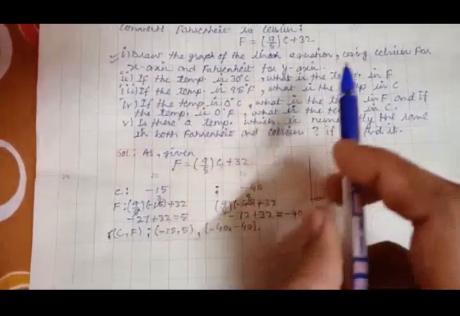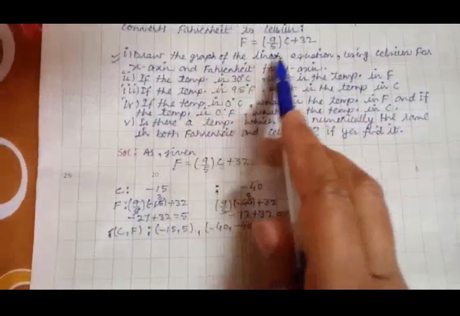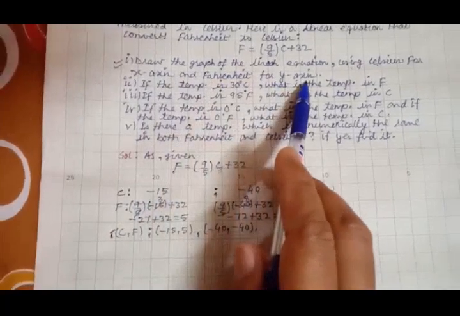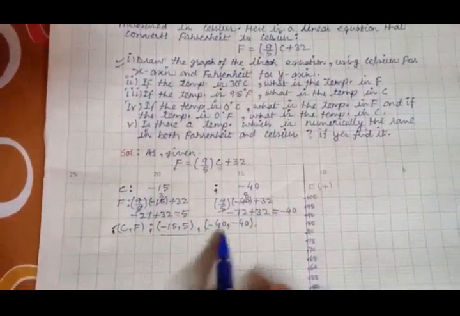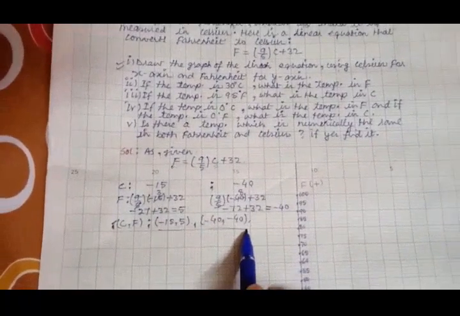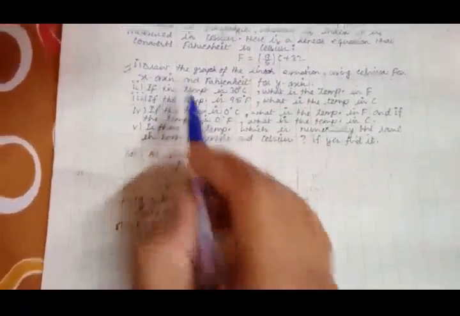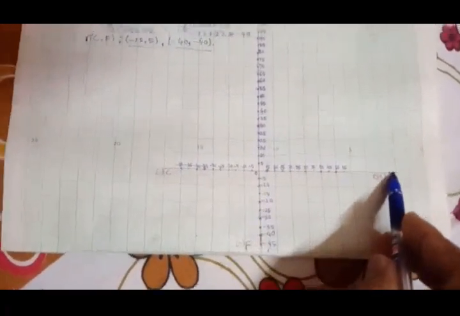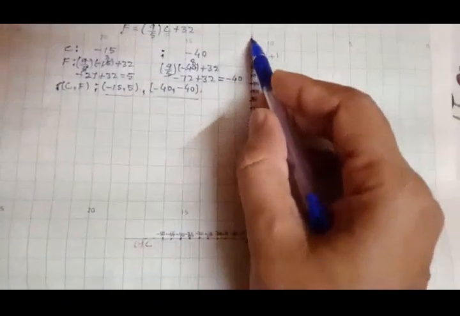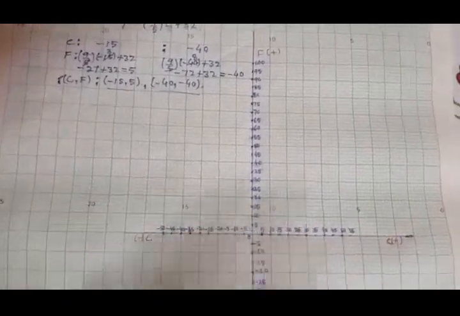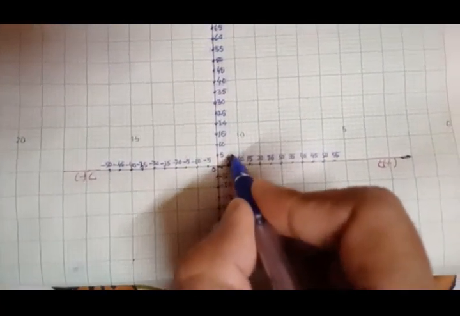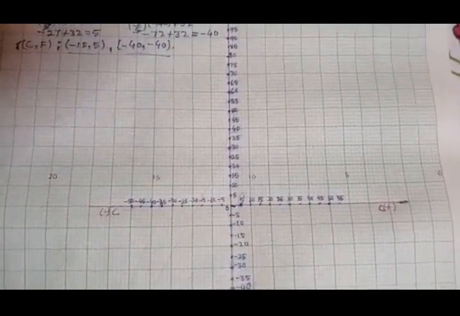As we are given to draw the graph of this linear equation using Celsius for x-axis and Fahrenheit for y-axis, once the solutions of that linear equation are calculated, we plot Celsius along the x-axis. So I have taken C for Celsius along the x-axis and F for Fahrenheit along the vertical y-axis. And I mentioned each half centimeter as equal to 5 units so that all large readings of temperature could be best fitted.